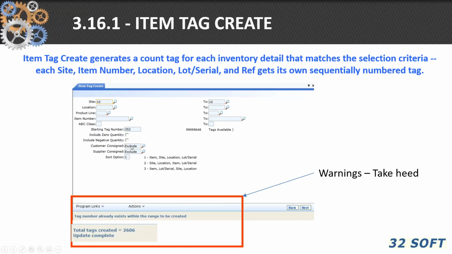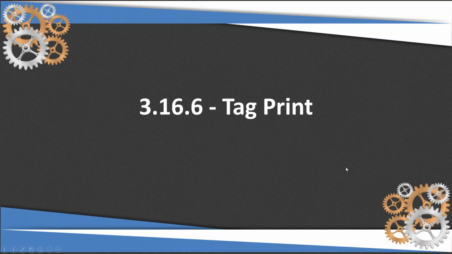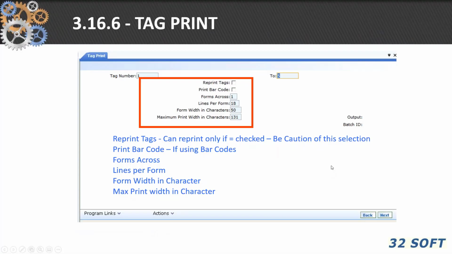Do you want to include or exclude consignment and supplier consignment? It tells you what the last tag updated was. So you want to make sure that you keep good tabs on that. Once you've created the tags, then you need to go in and print the tags. So 3.16.6 is tag print.